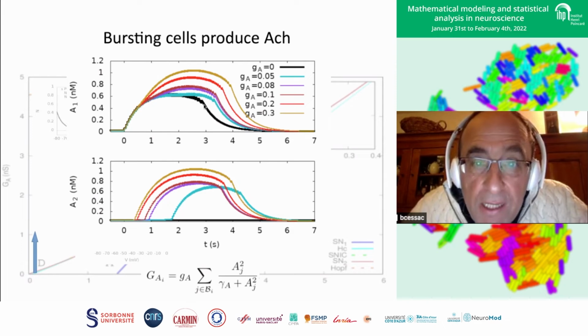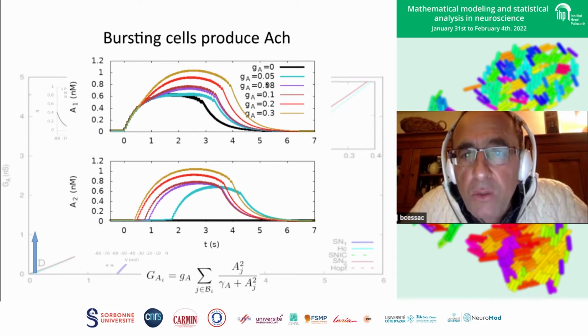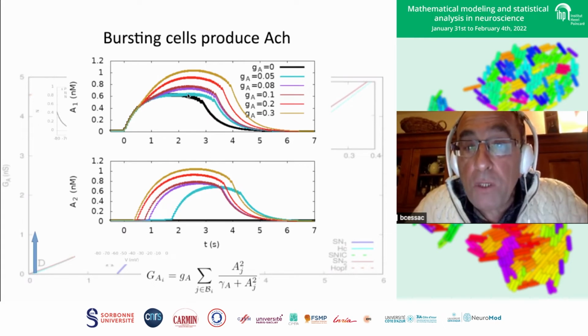If, for the first cell in black, we have zero conductance, of course we have no impact on the second cell. Now, if you start to increase g_A, the blue line shows the bursting of this cell triggering the burst of the second cell. But now you see that because this second cell is bursting, it will increase the level of excitation of the first one, so the burst duration is prolonged.